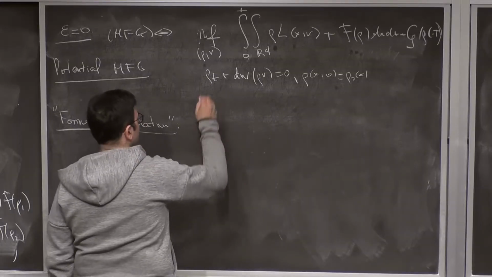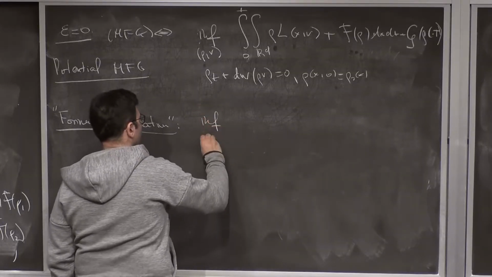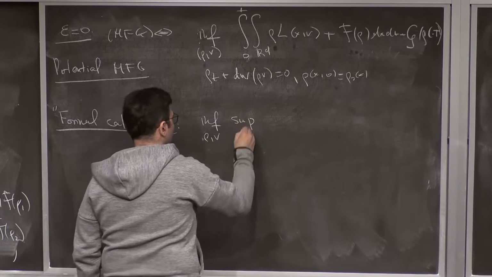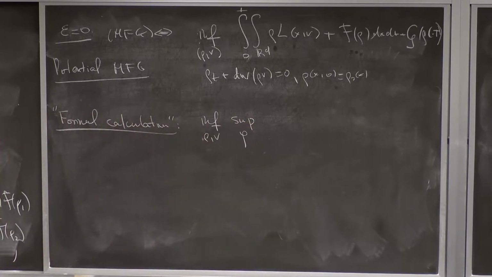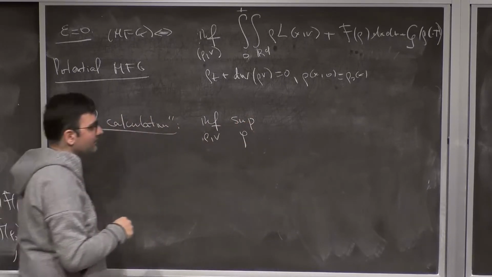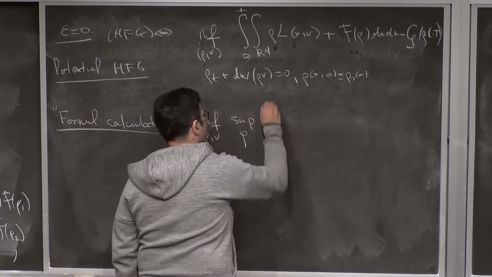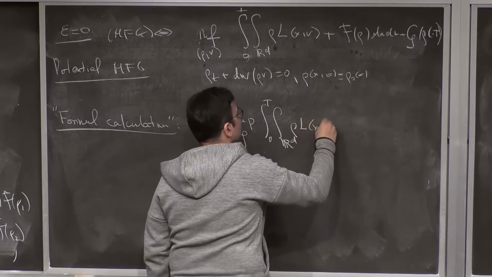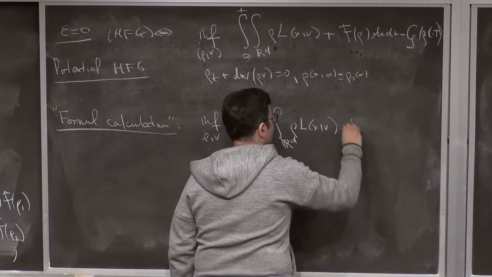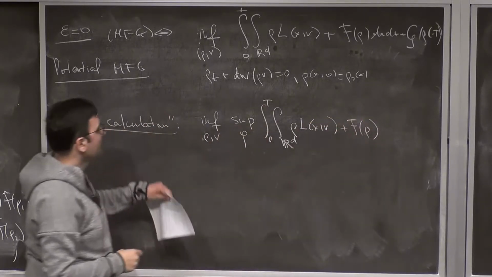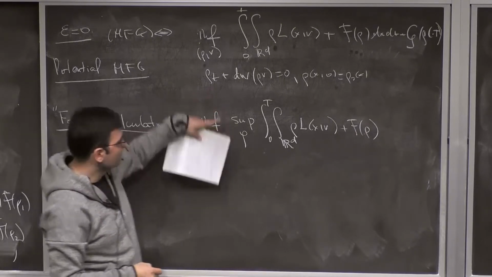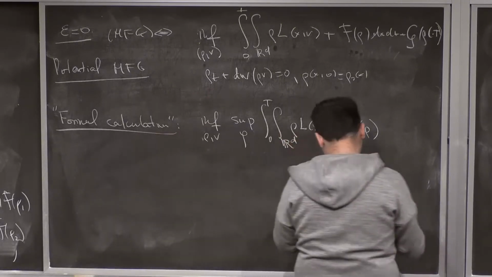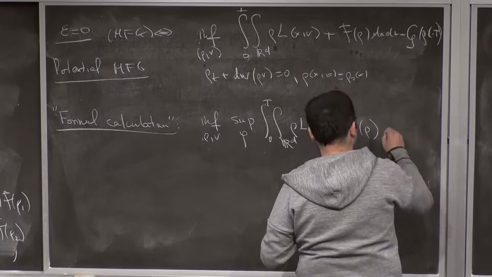We can write this infimum as infimum in rho and v and supremum in phi. It is not a coincidence that I denoted it by phi. So let's copy this, and I'm going to add this constraint here using this phi as a Lagrange multiplier.